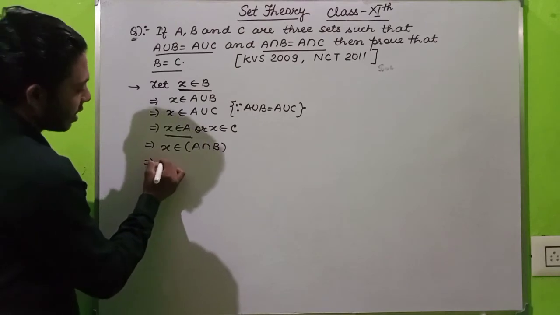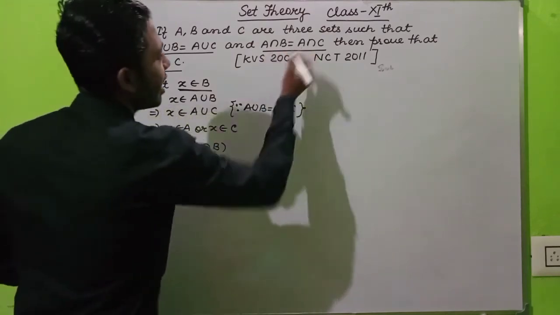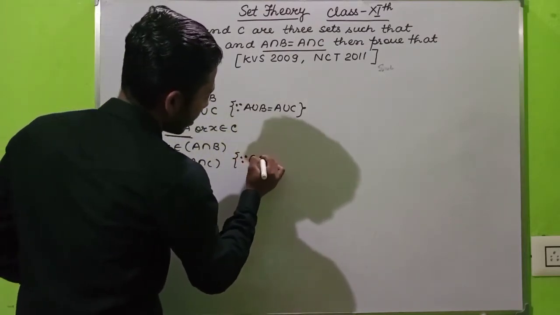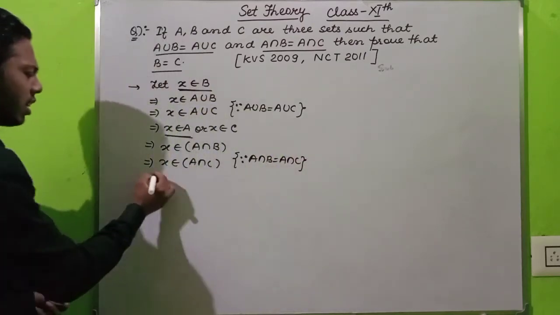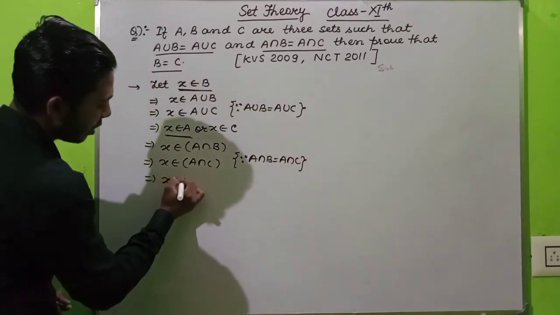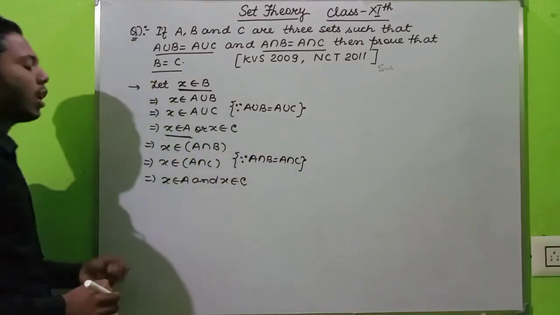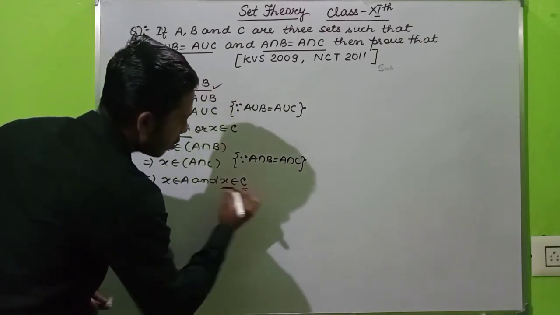So we can write X belongs to A intersection C because it is given A intersection B is equal to A intersection C. So we can write here X belongs to A and X belongs to set C. Now we see here that X belongs to set B and X also belongs to set C.